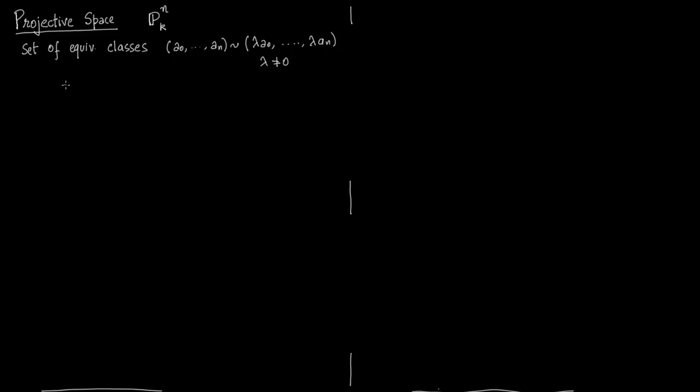This lambda is not 0, and lambda is an element of this closed field K. So you write it like this. You take K^(n+1) minus 0, obviously since lambda is not 0 and 0 is not here, and you take all these points and you use the equivalence relation.